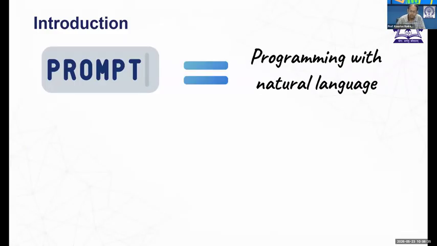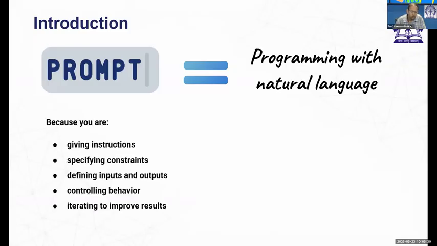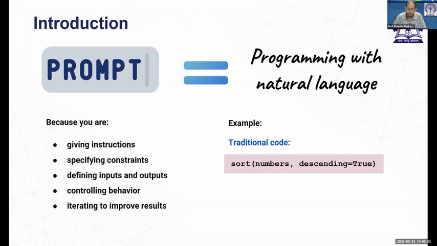So, what is a prompt? It is basically programming with natural language. Why? Because we are giving the instruction, we are specifying the constraints, we are defining the input and output patterns, we are controlling the behavior of the LLM and iterating to improve the results until we are satisfied. For example, if we write traditional code for sorting, what parameters do we have to pass?